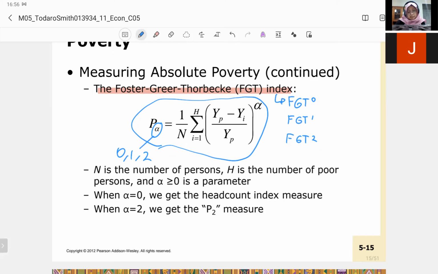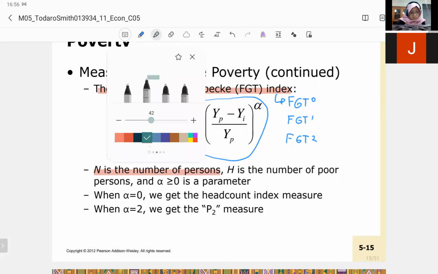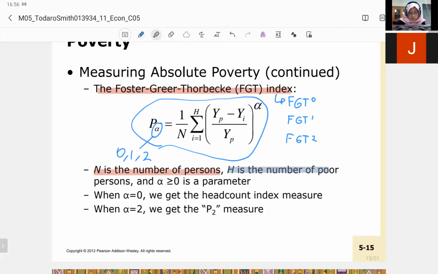N is the number of persons, H is the number of poor persons, and alpha is a parameter. So alpha is more than or equal to 0.